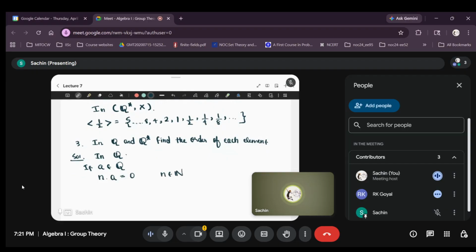The natural number n. When is that possible? See, the element is from rational numbers, not natural numbers.